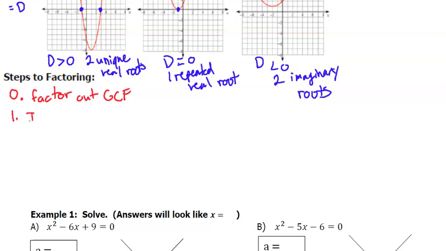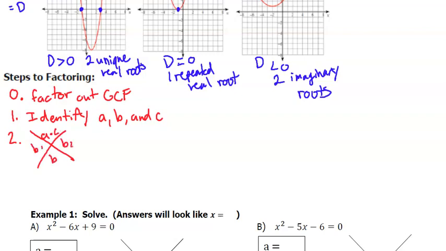And then step 1, identify A, B, and C. Okay, the next step, you're going to draw an X. A times C goes at the top, B goes at the bottom. Then we're going to find two factors such that B1 times B2 equals AC, and then B1 plus B2 would equal B.